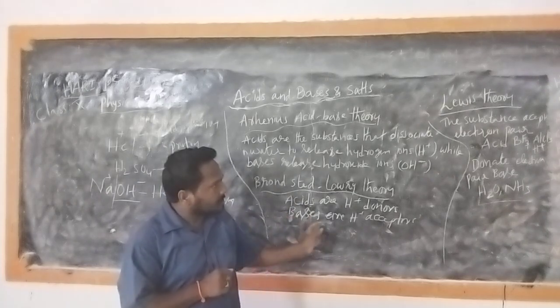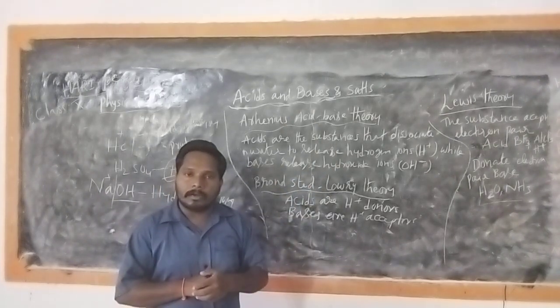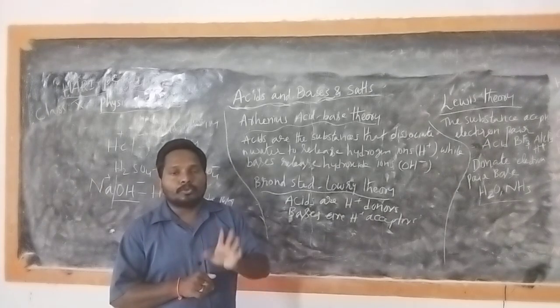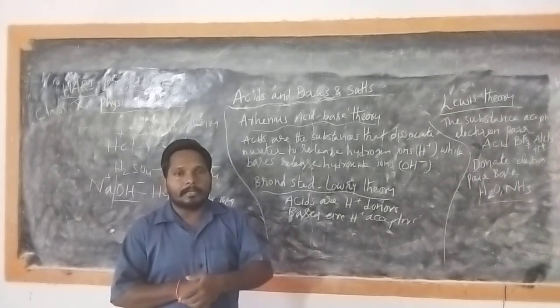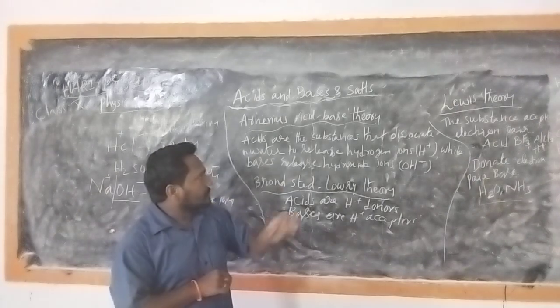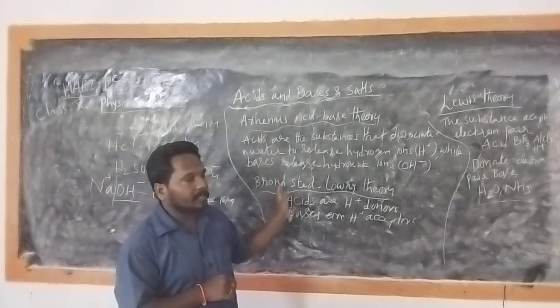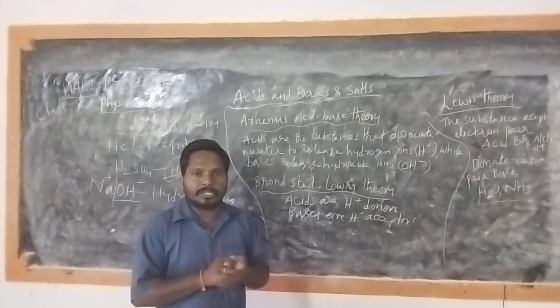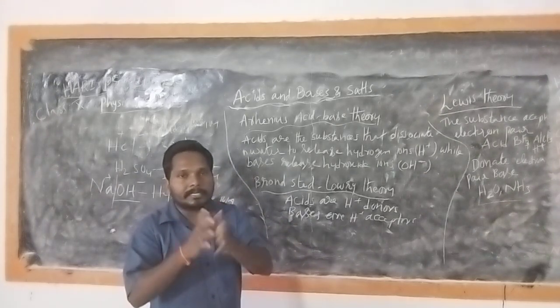To know acids and bases there are three theories: the Arrhenius theory, the Bronsted-Lowry theory, and also the Lewis theory. I am not explaining much, just giving a basic idea.